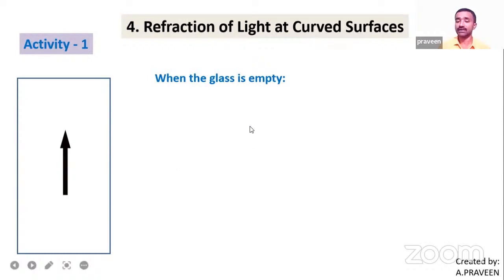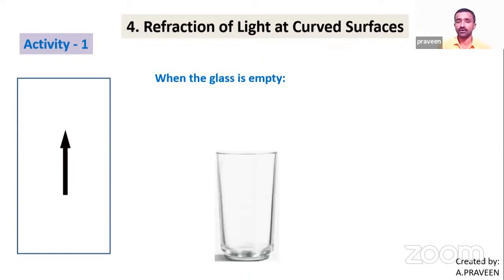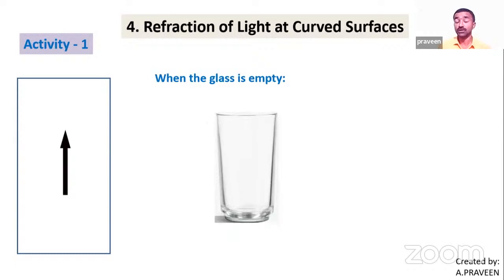Then take one empty cylindrical shaped glass. Then what to do? You need to observe that arrow from the other side of the glass. So here, suppose on the left side you have the paper with the arrow. Then in the middle, you put the glass on the table. Then move to the other side to view the arrow through the glass.